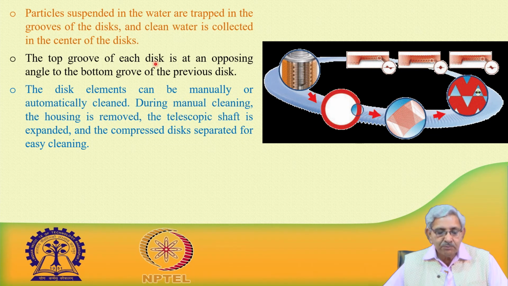The top grooves of each disc are at an opposing angle to the bottom grooves of the previous disc. These are the grooves, and the disc element can be cleaned manually or automatically. Now you can see what these grooves look like.